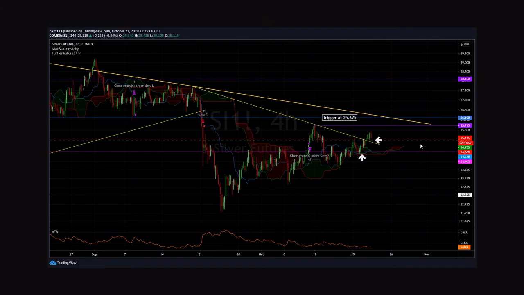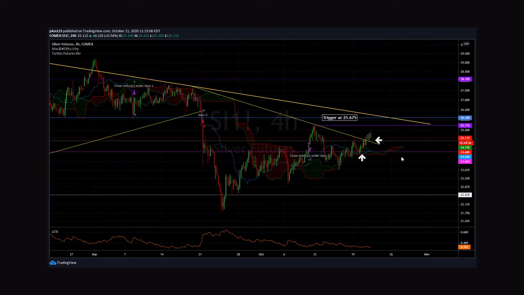I have placed a buy order to buy silver futures at 25.675, good till canceled. This trade may proceed on through, or it may retrace back down, in which case we'll look for the setup to come again as we move back up. We may get in at a lower price.